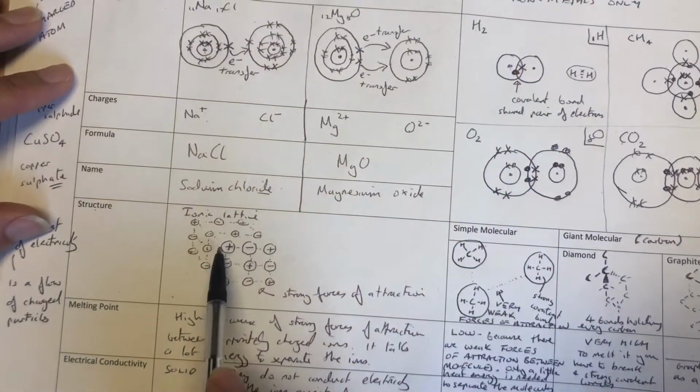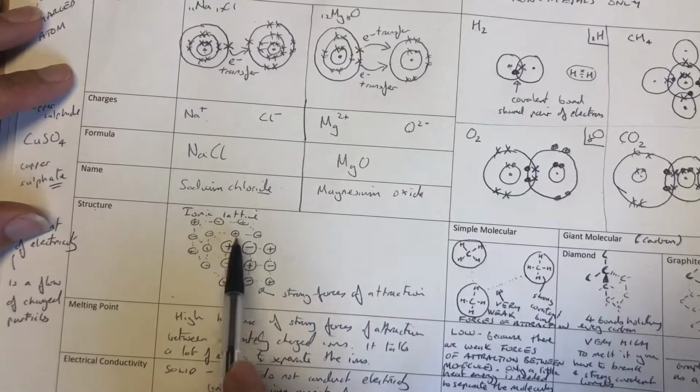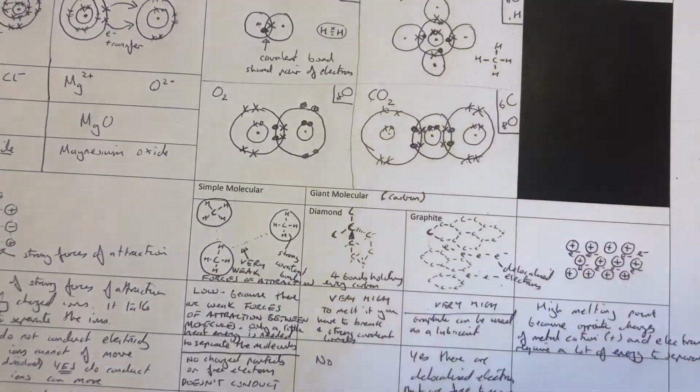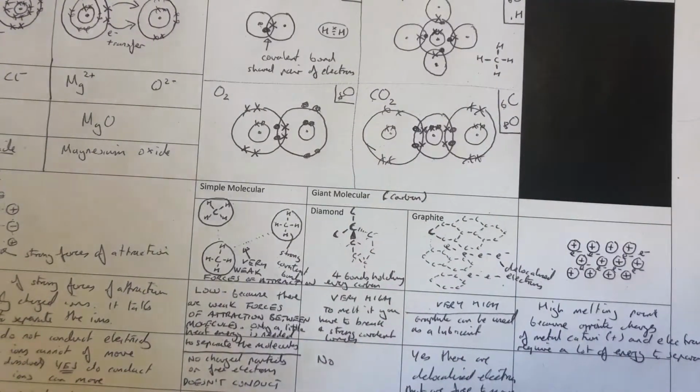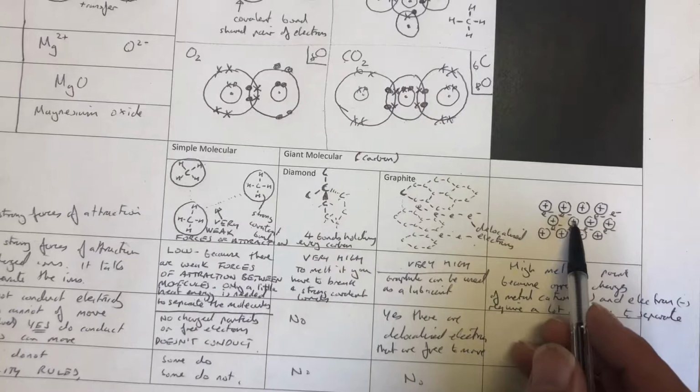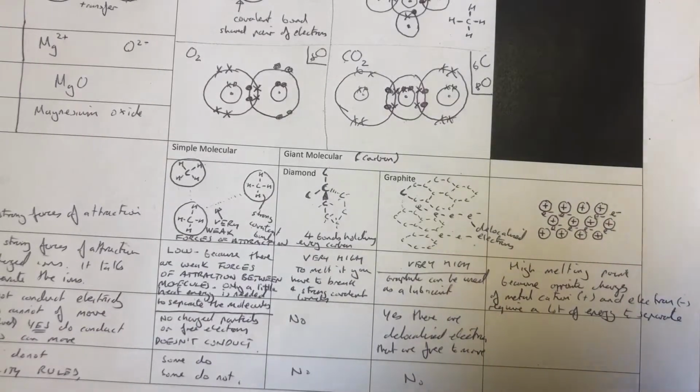Ionic substances, hard because the oppositely charged ions strongly attract. And then we say it requires a lot of energy or a little bit of energy to break it apart. So it's a lot of energy if there are strong bonds or attractions, and a little bit of energy if there are weak bonds or attractions. Metals, strongly attracted, positive, negative, positive.